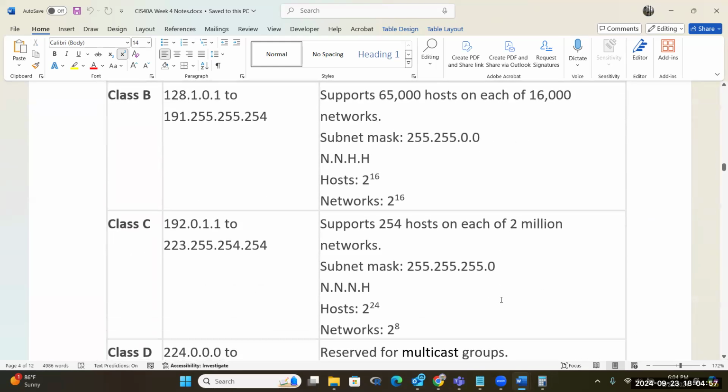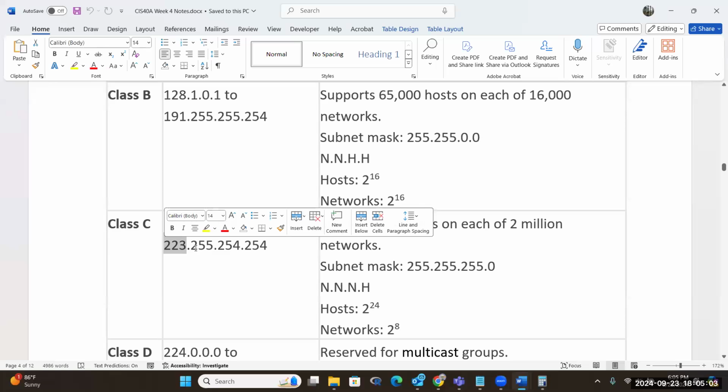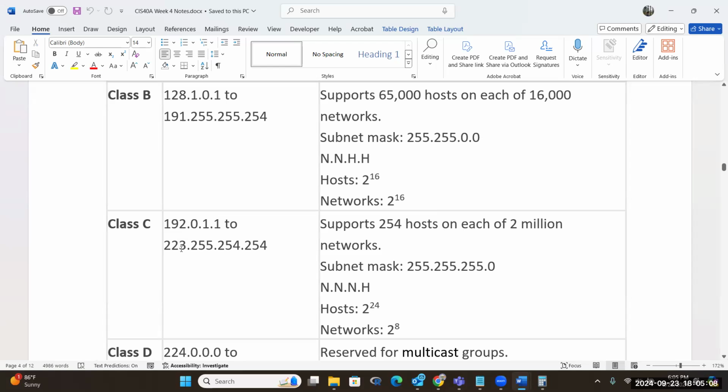And then class C, which is your home network, has 192 as the first octet, up to 223. I do see administrators now using something like 221. Class C is for small business and home use. You tend to see that because you can have only up to 254 systems.